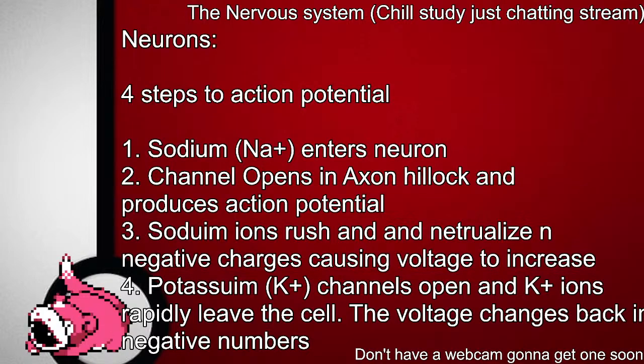Rapidly leave the cell, and then the voltage changes back into negative numbers. Okay, so the steps are: first, depolarization is when the action potential happens. It's when the charge rapidly increases, going from a negative charge to not so negative at all.